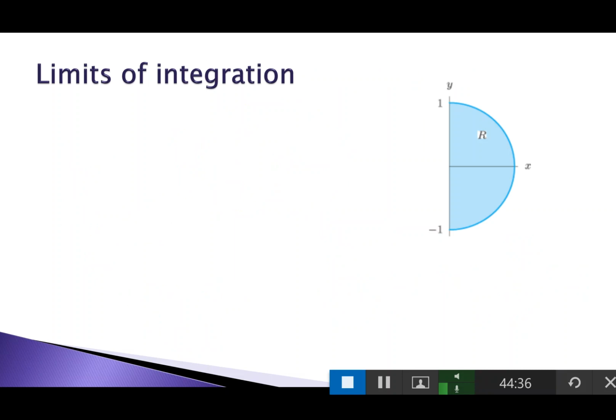Limits of integration here. Let's take a look. It's a unit circle, so I have x squared plus y squared equals 1. If I do dx first, my x starts at 0, no problem.